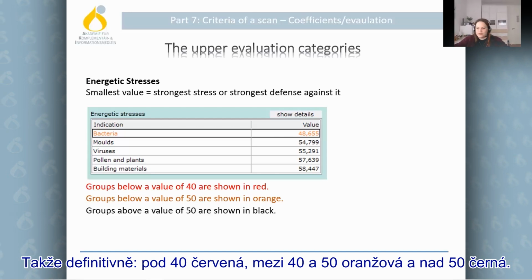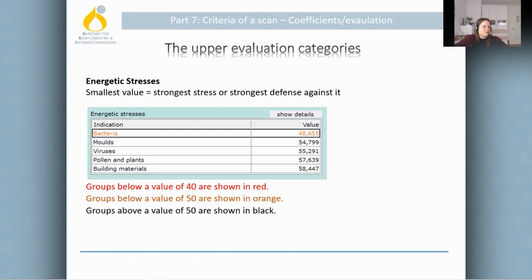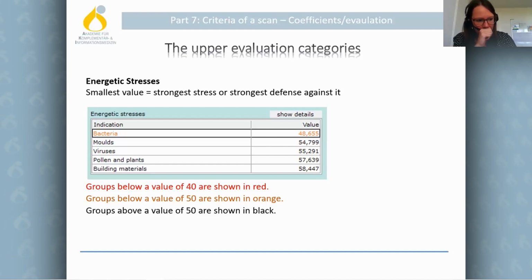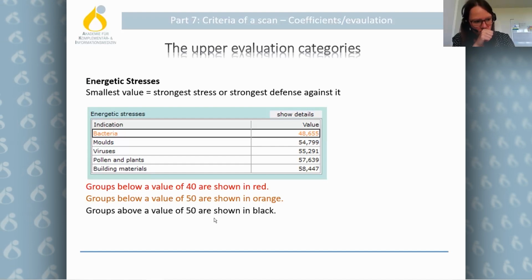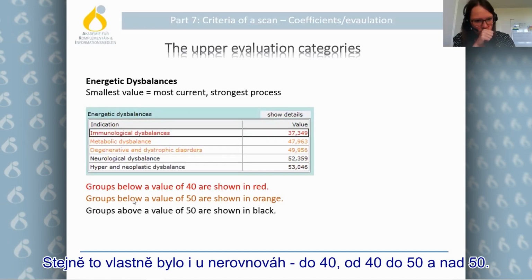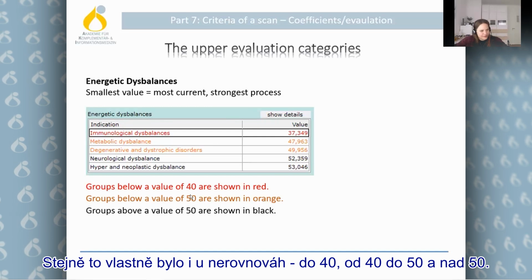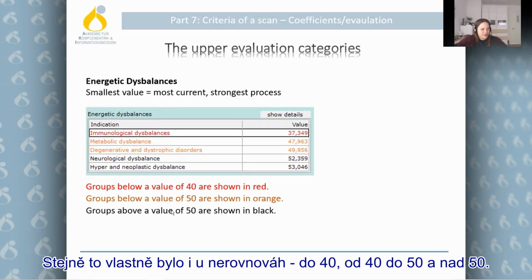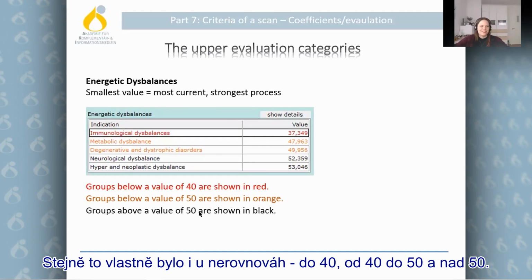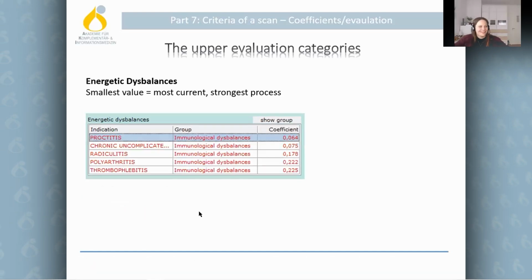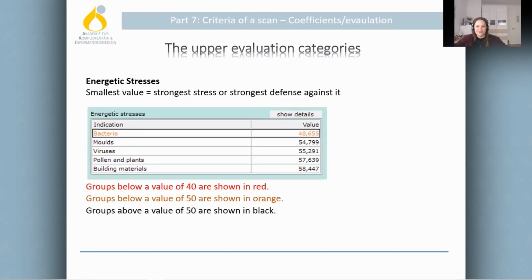Now I'm right, sorry. So it's red. Need to change this one as well. Yeah, because it changes at 50. This was my mistake, of course. So below 50, it's orange, and above 50, it's black. Now I got it too. It's training for me too.